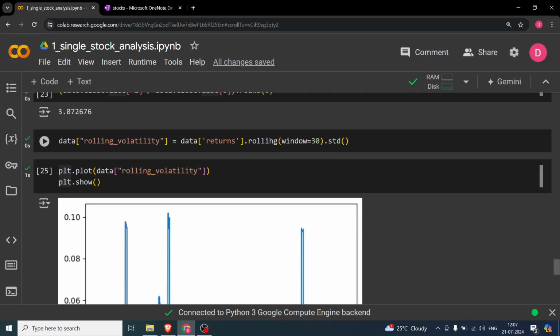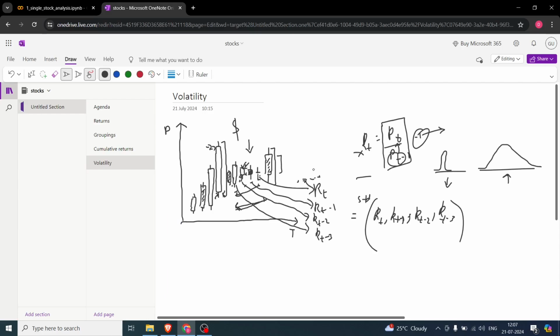So rolling is basically, from a particular day, going this many days back. But rolling also means, let's say you were going forward and your window is 3, so you want to calculate the volatility for 3 days. In rolling, you don't skip the 3 candles and move to the 4th candle.